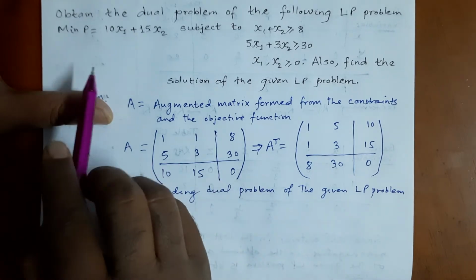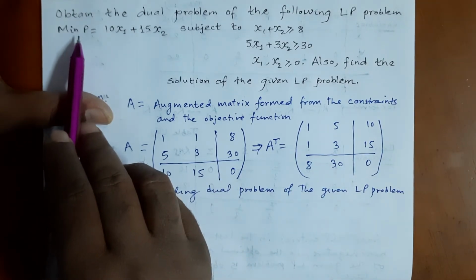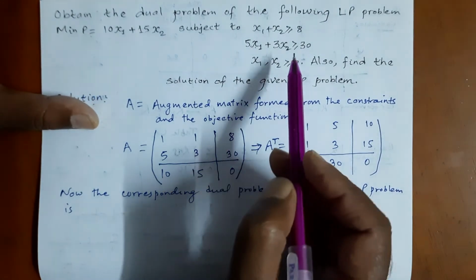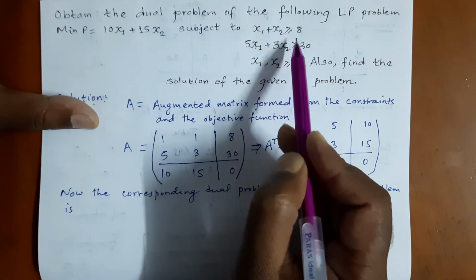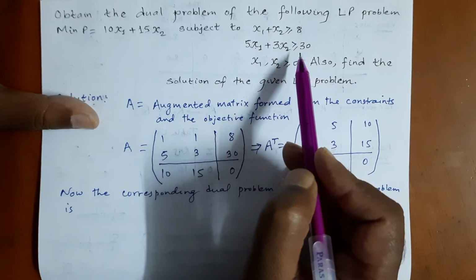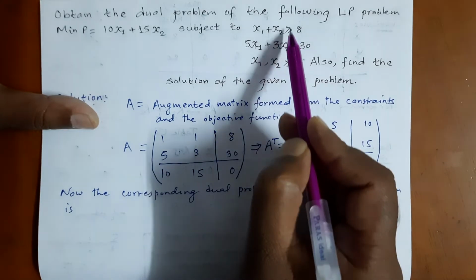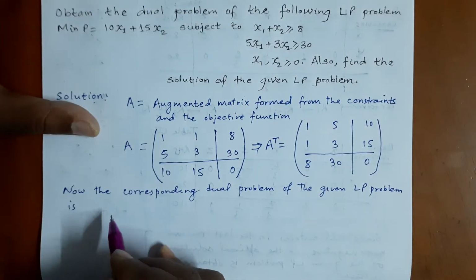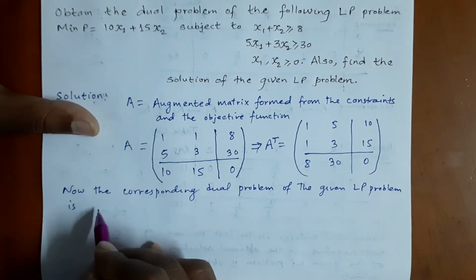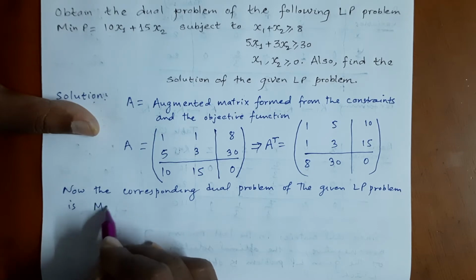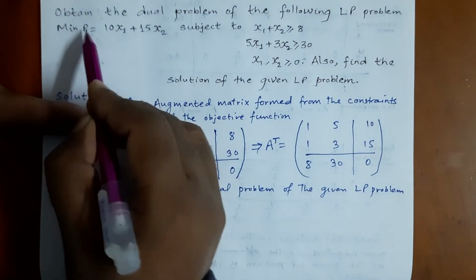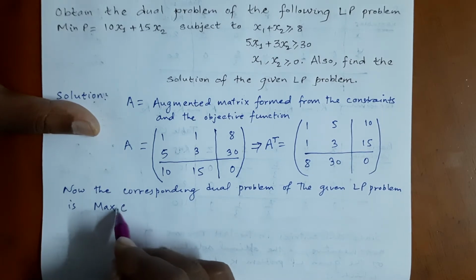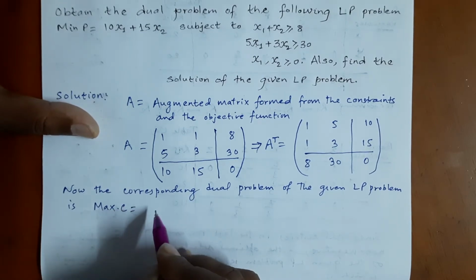So now we can change from minimization to the maximization. Okay, this minimization problem contains this bigger than sign in these two constants, and in maximization problem there will be lesser than or equal to sign. Here we have minimum p, we denote this by maximum c equals to variable.